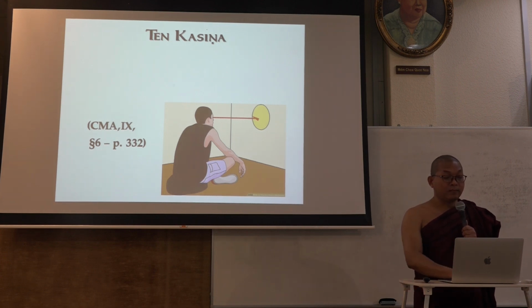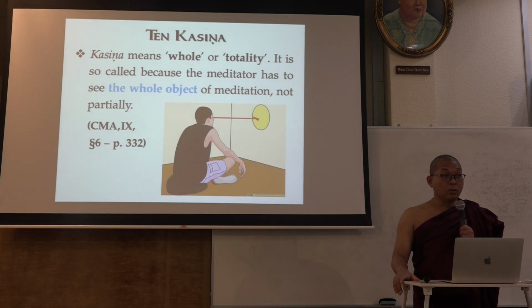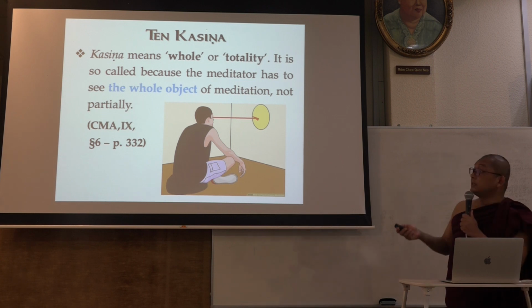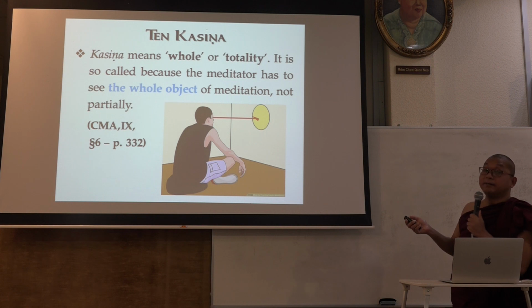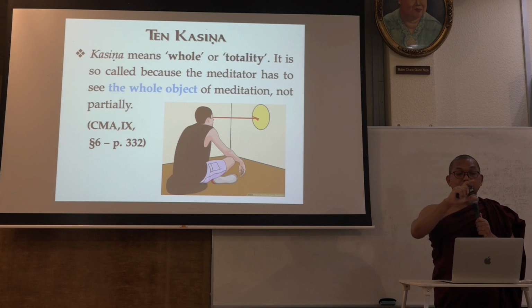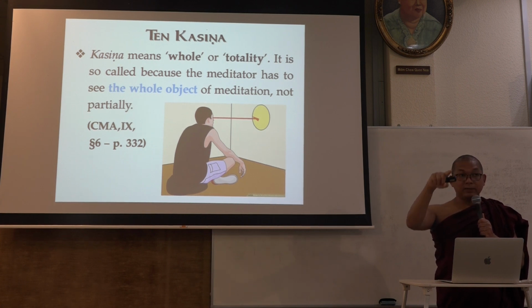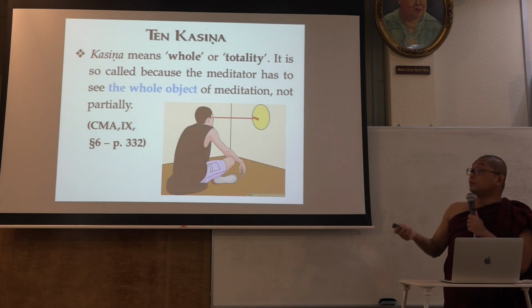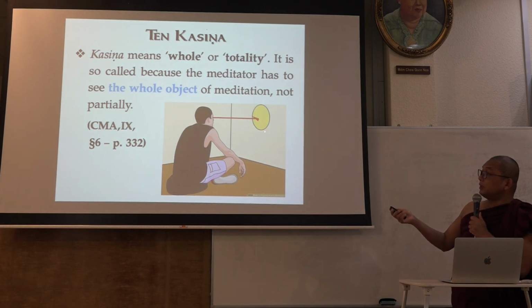Okay, so kasina means whole or totality in English. It means you have to look at the whole meditation object. That's called kasina, not only one part. So here you can see yellow color kasina, right? You print that yellow kasina with a black color boundary, but inside is yellow color.